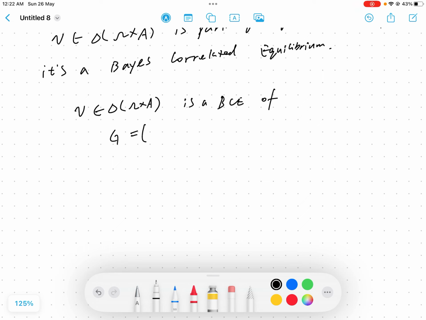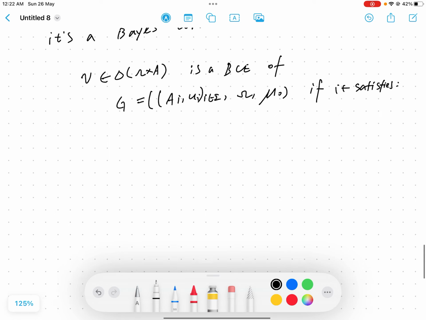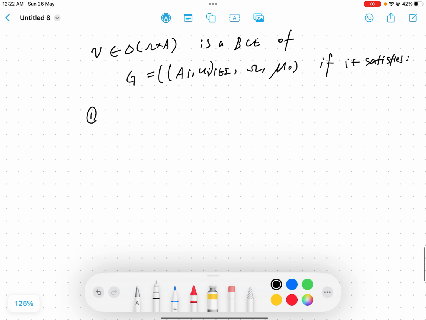So let's explicitly write that G: the A_i, U_i for all i's, omega, mu naught. Okay, so V is a BCE of G if it satisfies the following. So there are two important requirements.